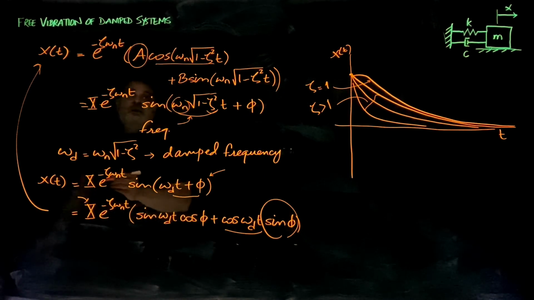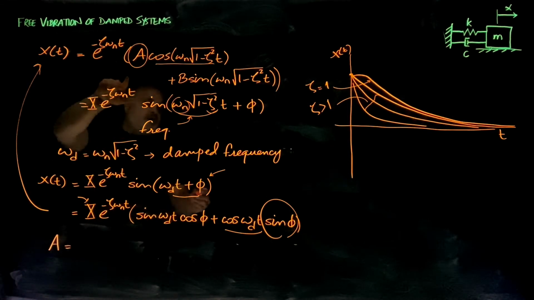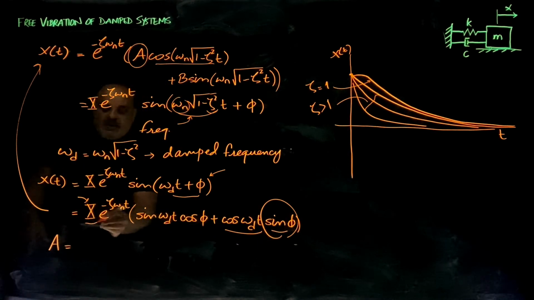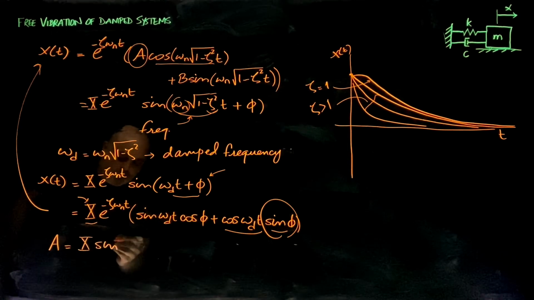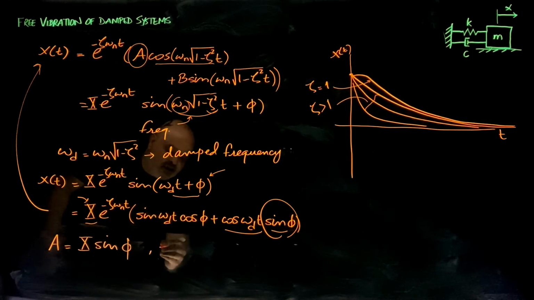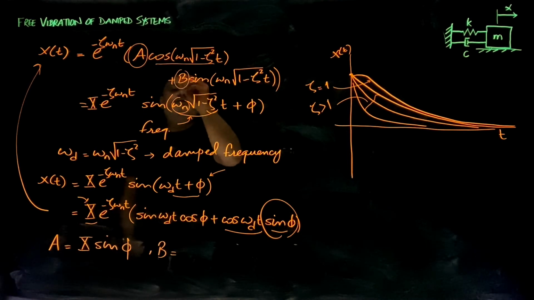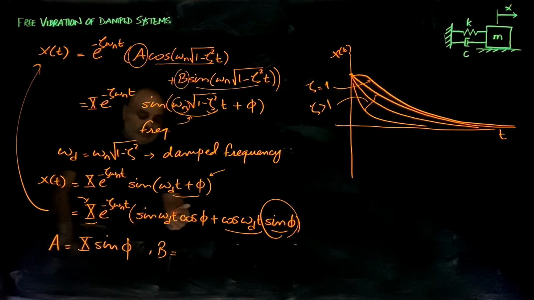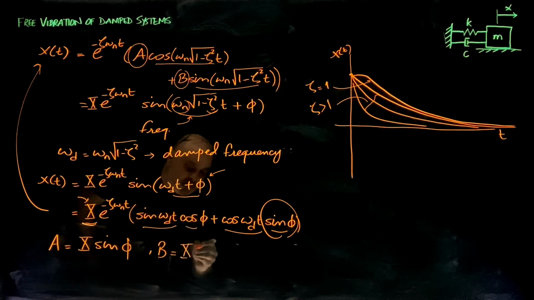So A will be x sine phi. And B is the coefficient multiplying the sine of omega d t, which here is cosine phi times x, so B is x cosine phi.